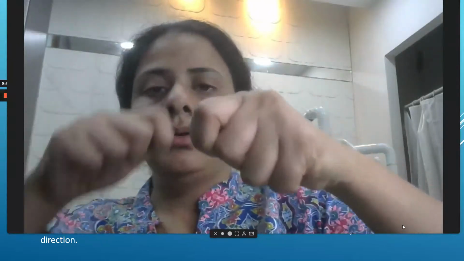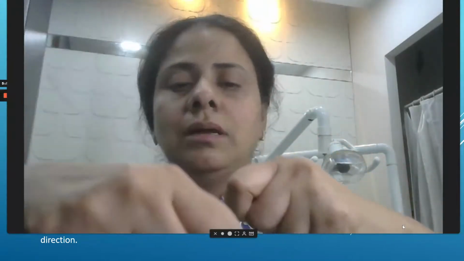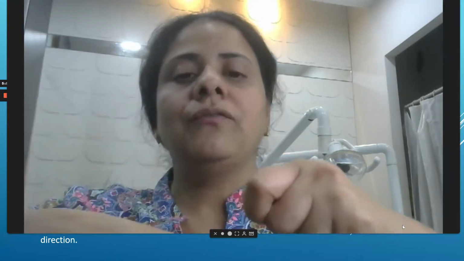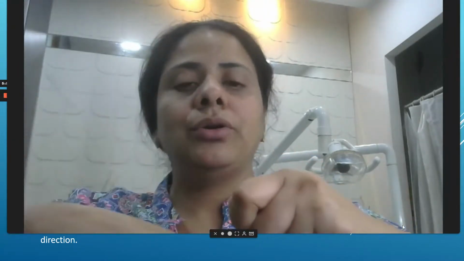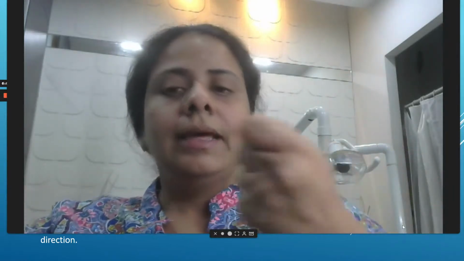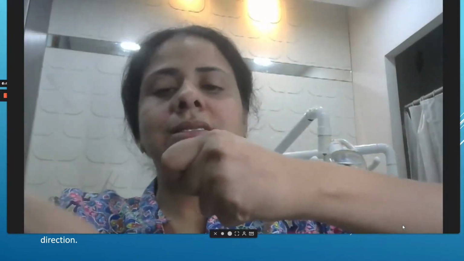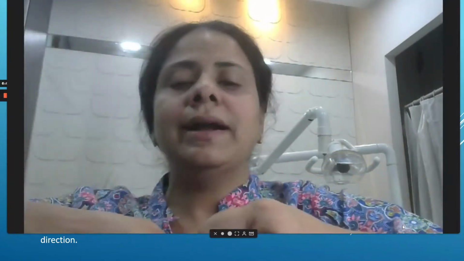You hold your needle holder like this and give two clockwise wrappings of your thread onto the needle, and then tie the knot. Then one anti-clockwise movement of the thread, and then tie the knot. That is called a surgeon's knot: two clockwise throws and then a knot, one anti-clockwise and then a knot.